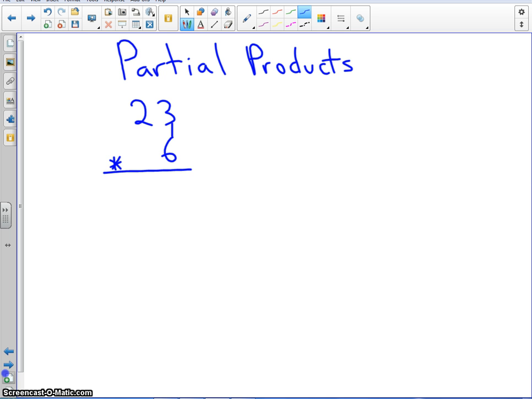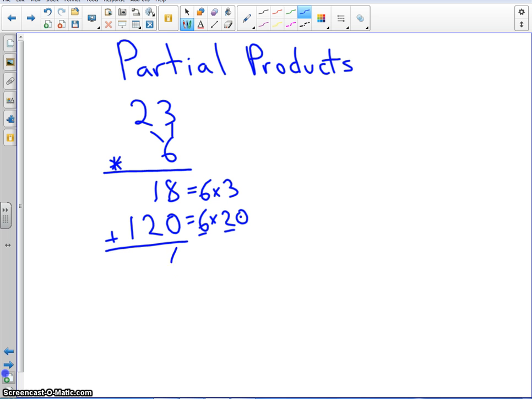So I would do 6 times 3 as my first part. And then 6 times 2, but this is where you need to know place value very well. It's not a 2, it's actually 20. 6 times 20. And we learned a cheat where I can do 6 times 2 to get 12, add the 0, so 120. Then I want to add my two parts together.